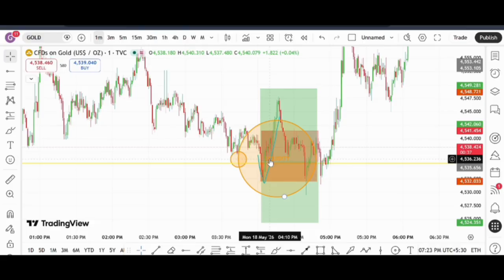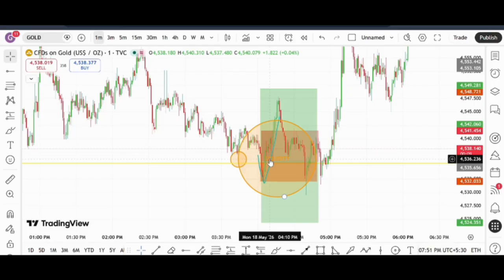In the next video, we will learn one of the most important advanced liquidity concepts, that is internal liquidity and external liquidity, and also why the market targets external liquidity and how smart money moves from internal to external liquidity, and also real chart examples. All these things we will discuss in my next video.